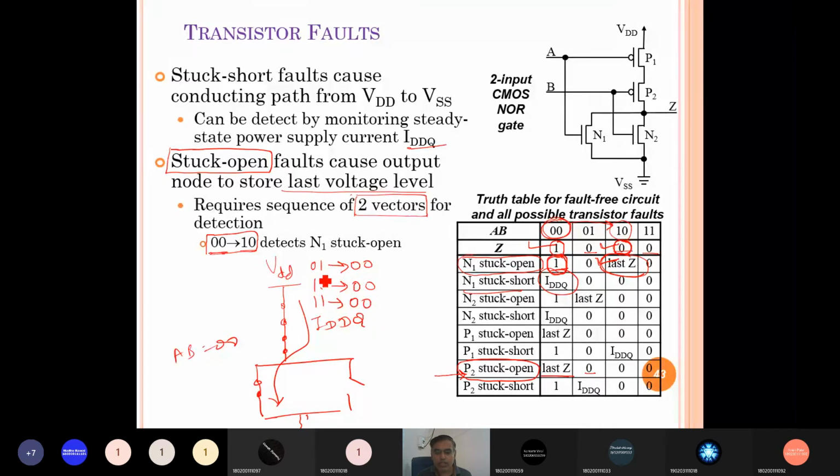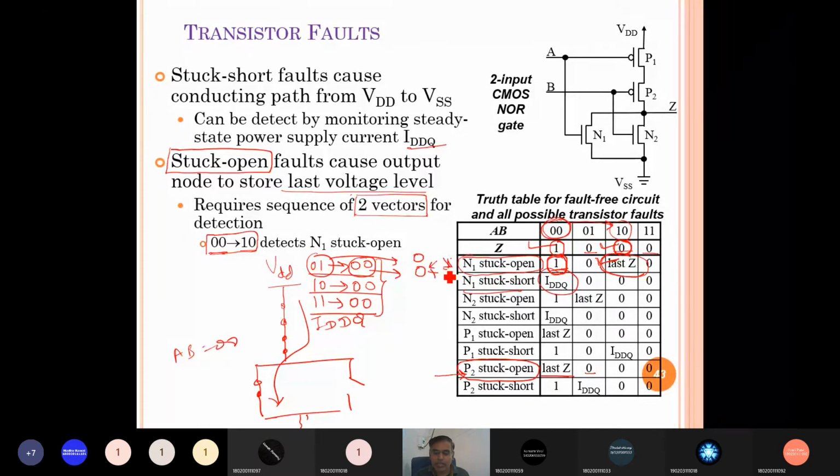So either 0 1 to 0 0, 1 0 to 0 0, or 1 1 to 0 0 will detect the P2 stuck open fault. Once we apply 0 1, the output is 0, and after 0 1 when we apply 0 0, it holds the previous state due to the fault in P2, but this output is different from the fault free output, so we can detect it.